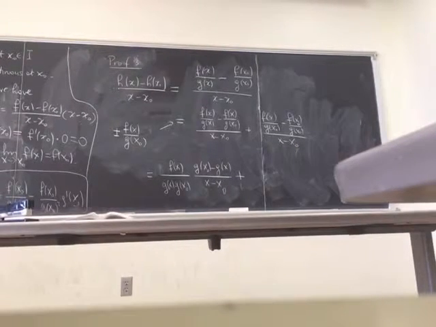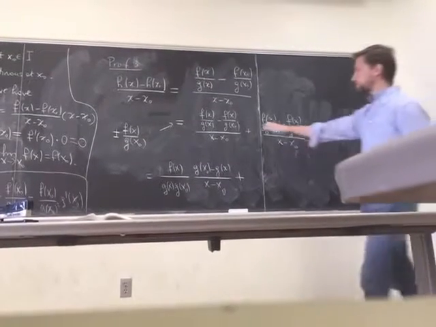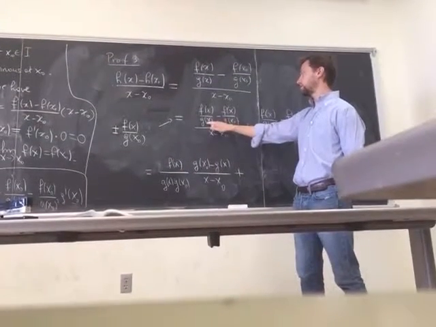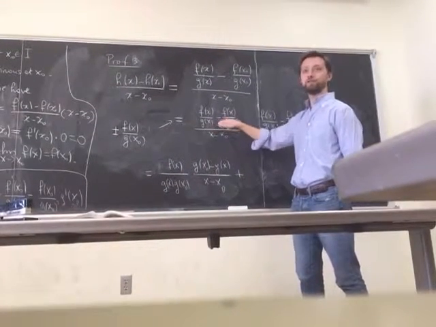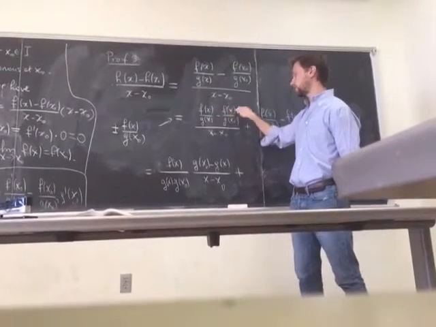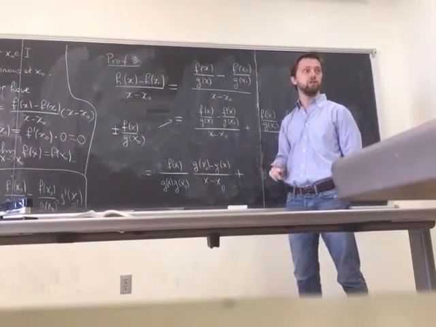It's just the first fraction. I just factored out the f of x, which was in common, and then I took the common denominator of this twice, right? And then you get the g of x naught here and the g of x there. So it's g of x naught minus g of x, not g of x minus g of x naught.